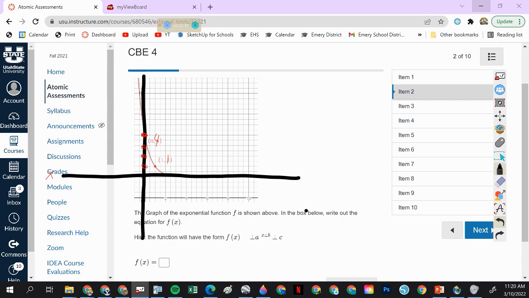What would that be? It would be y equals 6 times 1/4 to the x. Is that right? Not 6, it'd be 4. Sorry, it was a 6.